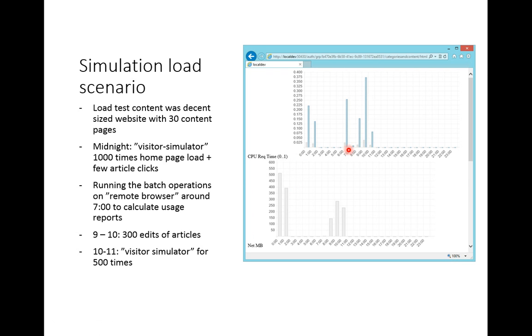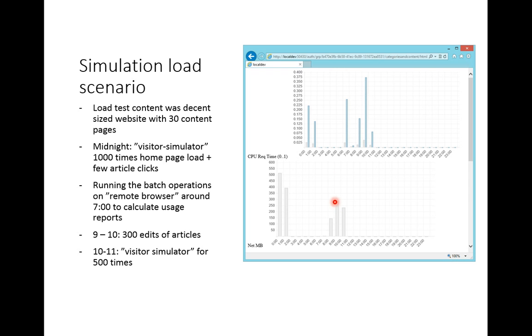Then in the CPU cycle, there's a spike when I ran the batch of operations on the remote browser. It used the group's resources to calculate the usage reports, just implemented, so it's now coming currently from the group.